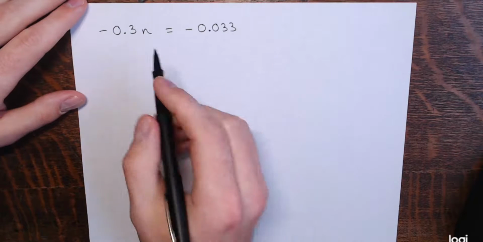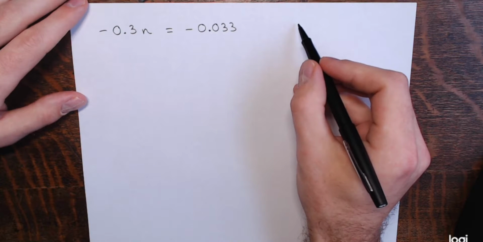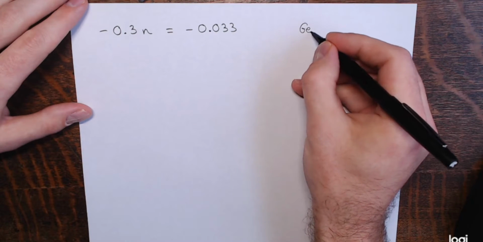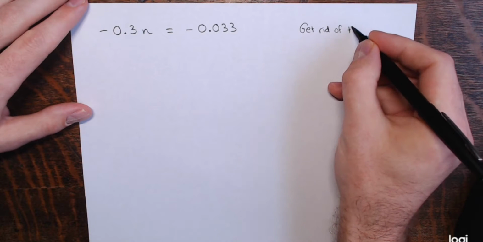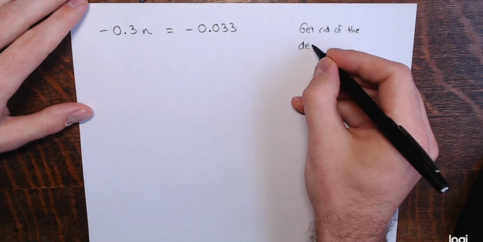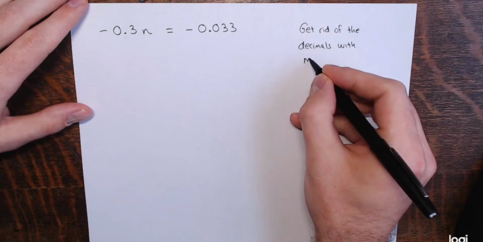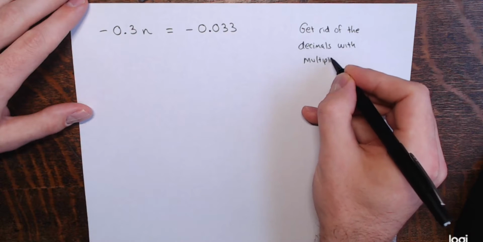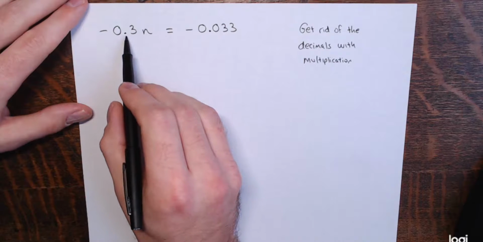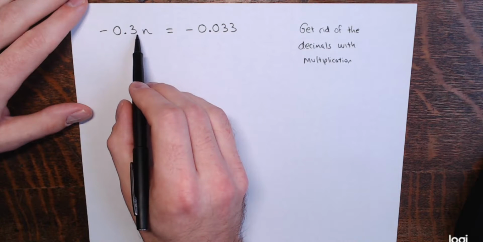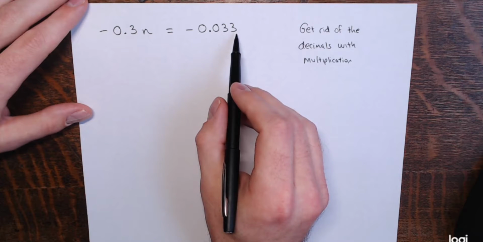Again, I'm going to say, multiply both sides by some power of 10 to get rid of the decimals. I'll say get rid of the decimals with multiplication. Now here's how we do this. This one I'd have to multiply by 10, and this one I'd have to multiply by 1,000 to get rid of the decimal, and that's the bigger one.